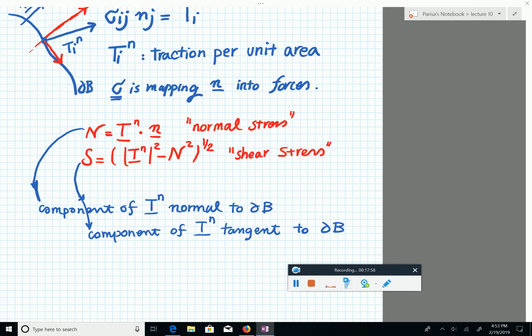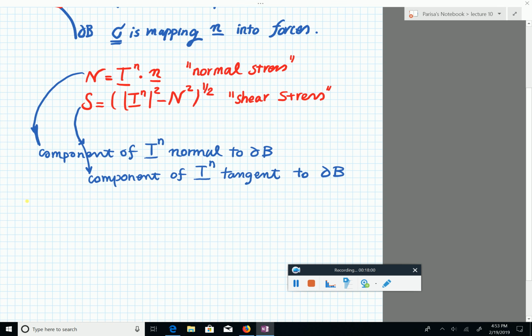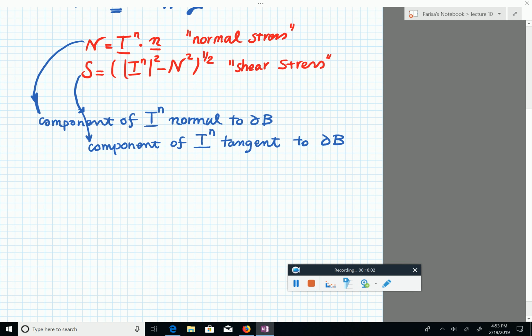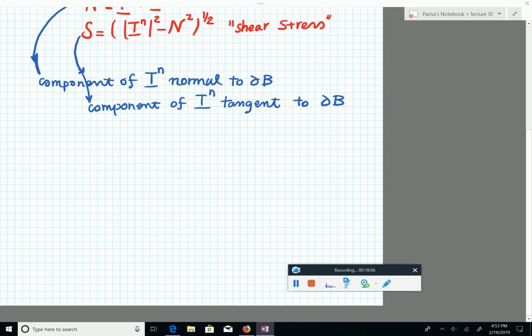So, another thing about stress which we need to use later on before moving from chapter 3 to 4 is similar to strain. You can also write the stress in terms of the summation of a deviatoric and a spherical stress tensor.